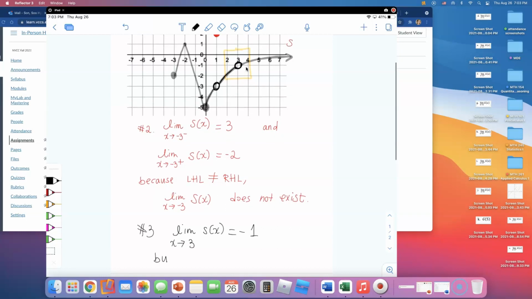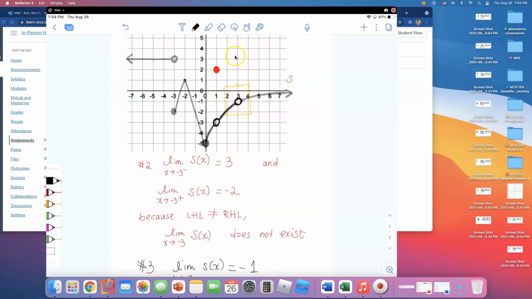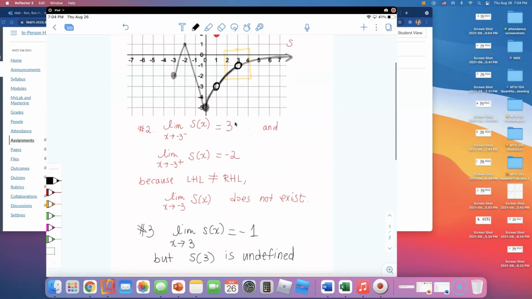But I can tell them, but s of 3 is undefined. Because we have an open circle at 3, -1. So from the left and from the right, they're both approaching -1. But we don't have a closed circle on this x equals 3. So the function value is undefined. So that was number 3.